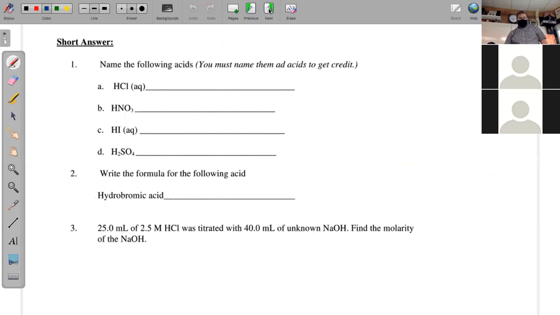Okay, name some of these acids and whatnot. So there's some binary acids, and the binary acids include HCl and HI. The binary acids are called that because you have just hydrogen and then some kind of an anion. And in that case, you know to name this a couple different ways.